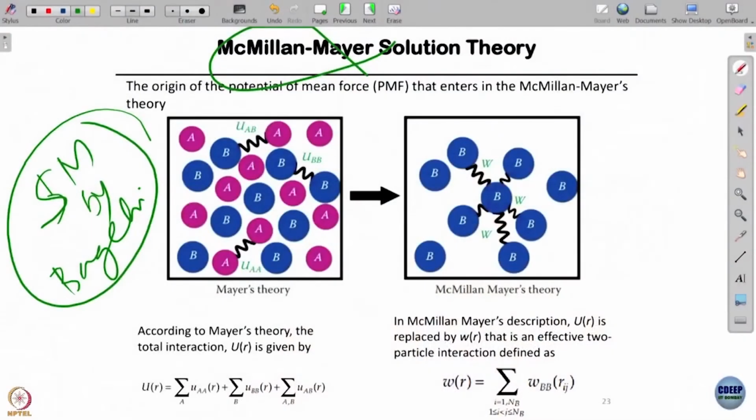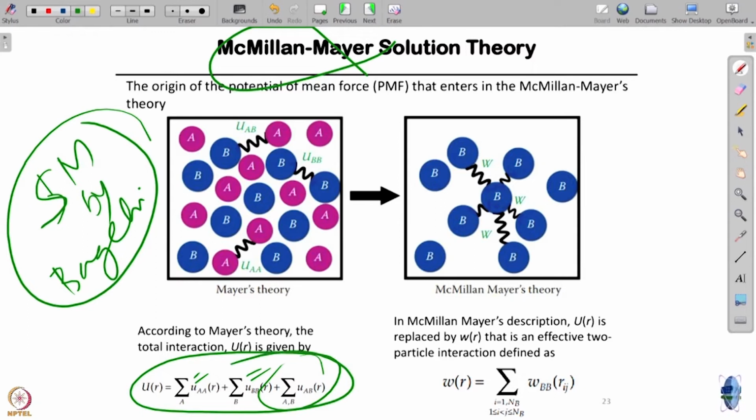Okay, so Mayer's theory, we did that with the interaction potential in a binary mixture. If I do Mayer's theory, then it would be U_AA(r), U_BB(r) and U_AB(r). Macmillan and Mayer now said, okay, I'll use Mayer theory, but I'll eliminate A, and I want to get that. If I can get that, then I have an effective interaction.